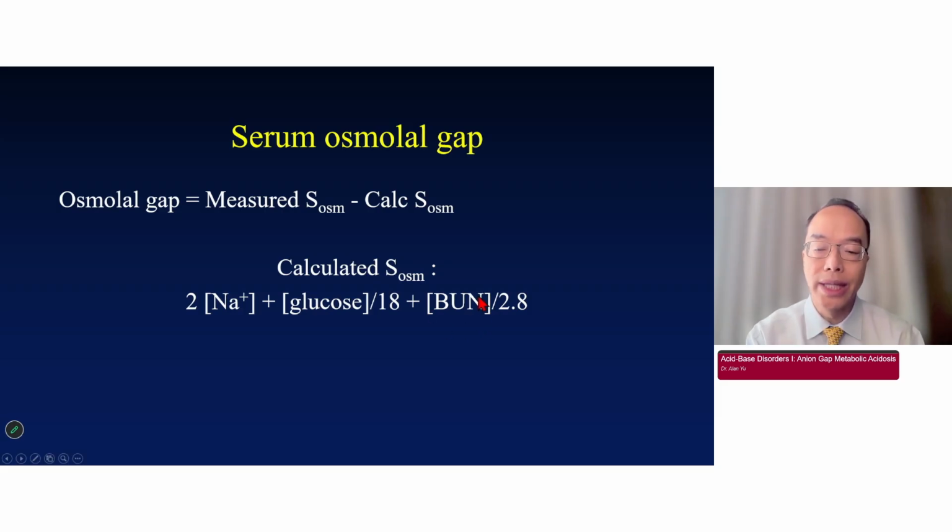And then BUN, blood urea nitrogen, again in the US, measured in milligrams per deciliter, divided by 2.8. And that's because there are 2 nitrogens in urea, each with an atomic weight of 14, so that's 28. So dividing by 2.8 converts this to milliosmoles per liter.